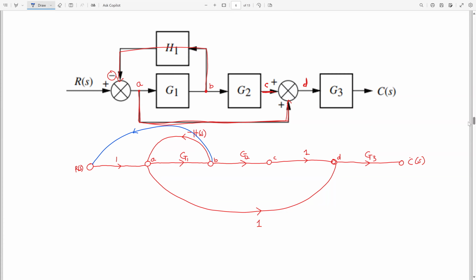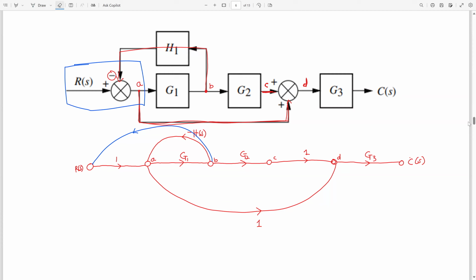Clearly from the diagram, you can see that the output of this summing junction here is A. So if I should draw the curve from this node B to node R of S, then I'm trying to say that there's a particular summing junction here, and that summing junction has an output of R of S, which is not the case from what we are seeing here, right?